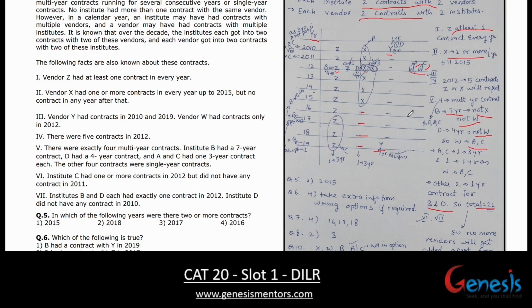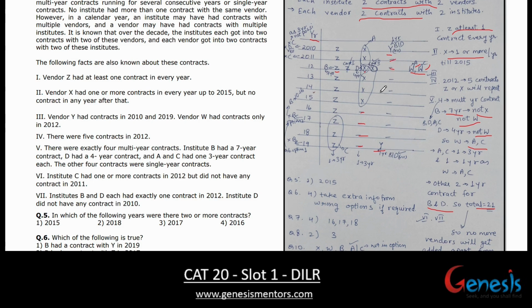Now 1 year remains. We have one piece of information that in 2012 there are 5 contracts as per the 4th condition, right? So 1 is Z, 1 is X, 2 is W, so definitely the 5th contract will come here, so the 21st contract will come here. Now we can say that Y is only in 2010 and 2019, others Y is not there, right?